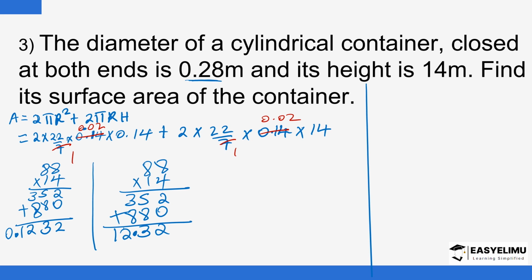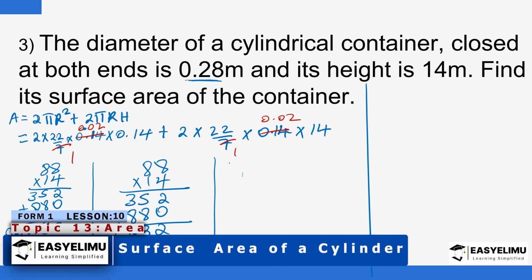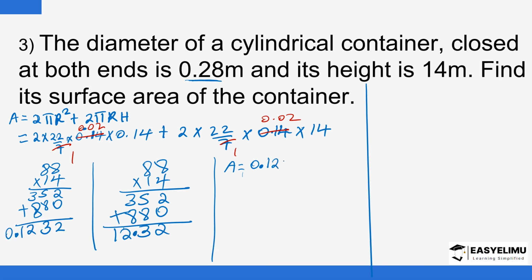So now you need to add the 2. So the total surface area is 0.1232 plus 12.32.